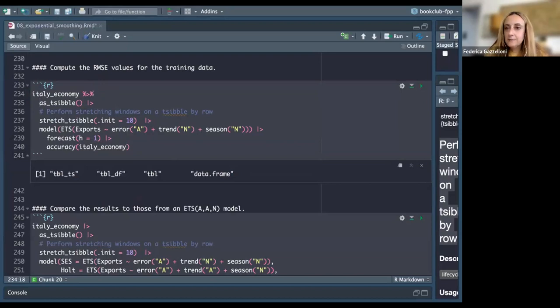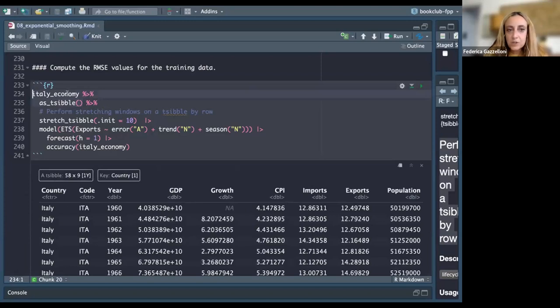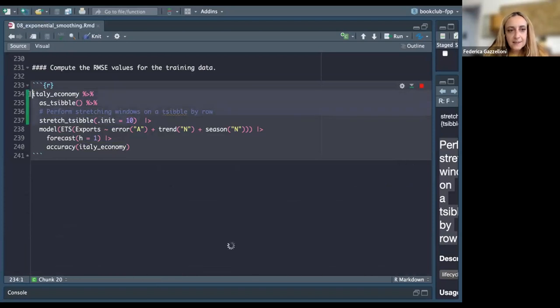So it gets somehow confused. So if I do as TS table and then class again, I make sure that it's a TS table, which it was as well before. Then I stretch the TS table with the init option. So I perform stretching windows on a TS table by row, and we can see what changes.